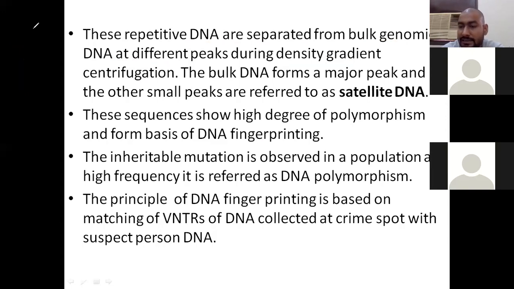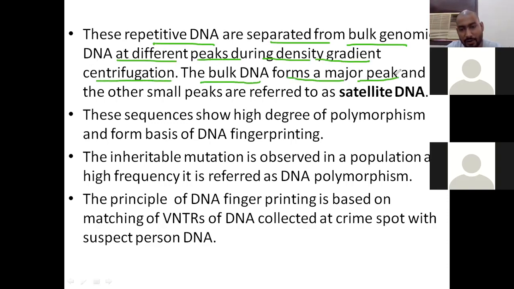Cesium chloride density gradient centrifugation. Which experiment? Very good, Gauri. The Meselson and Stahl experiment, where they used cesium chloride density gradient centrifugation. Now, these repetitive DNA are separated from the bulk genomic DNA at different peaks during density gradient centrifugation.